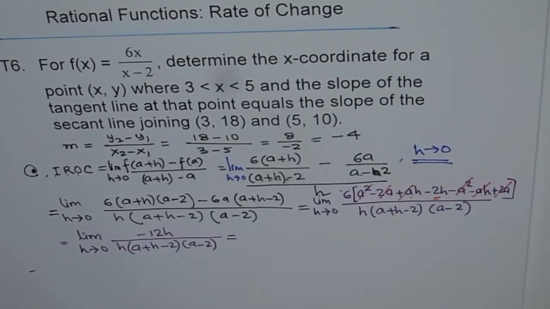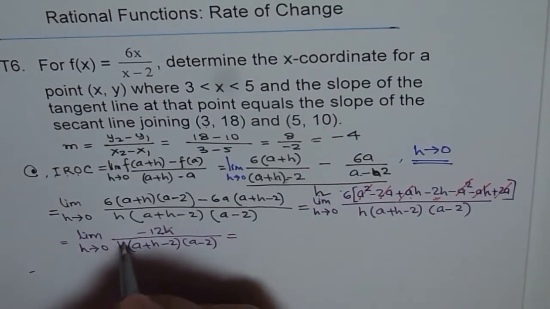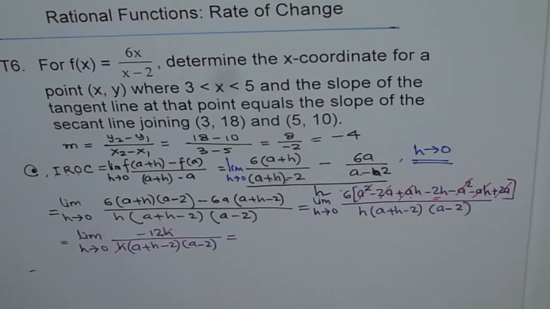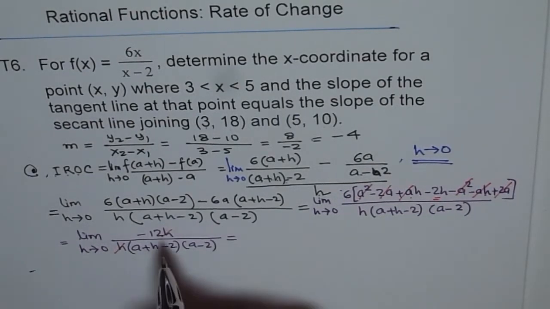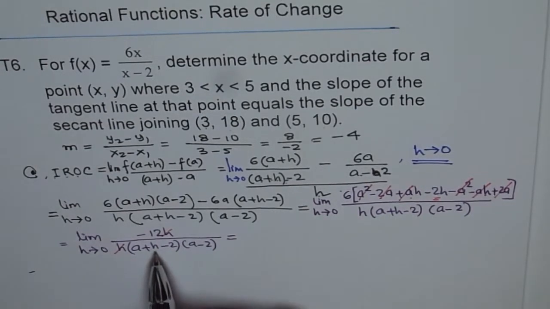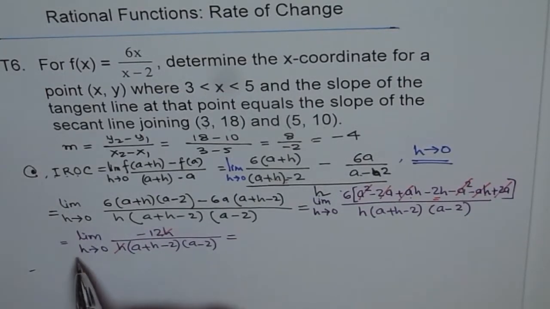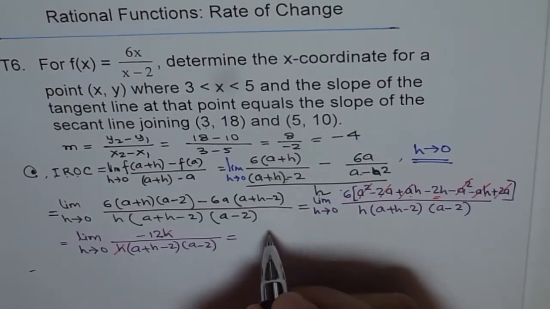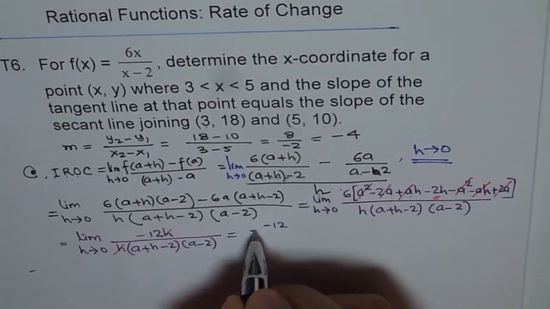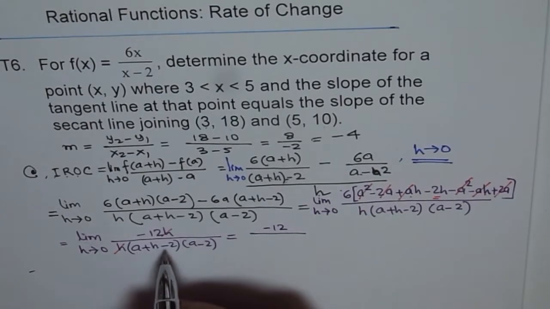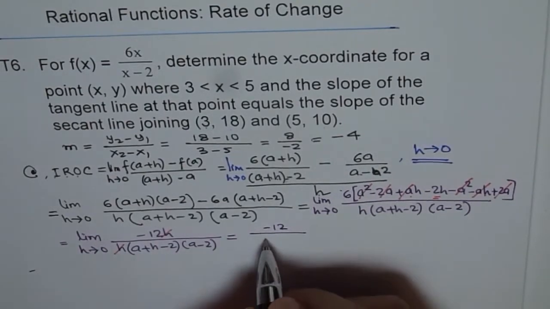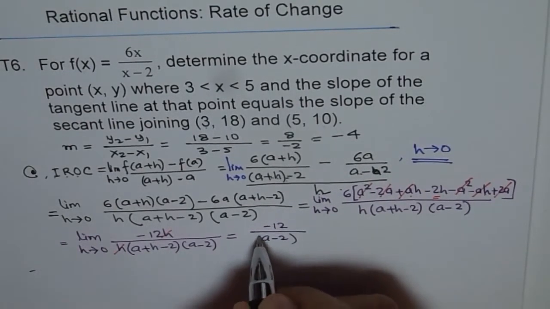Now h is a common factor, so h divided by h is 1, and we cancel it out. If h is very, very small approaching 0, that's what we meant by this nomenclature, limit h approaches 0. So we can write this as minus 12 over a minus 2 whole square.